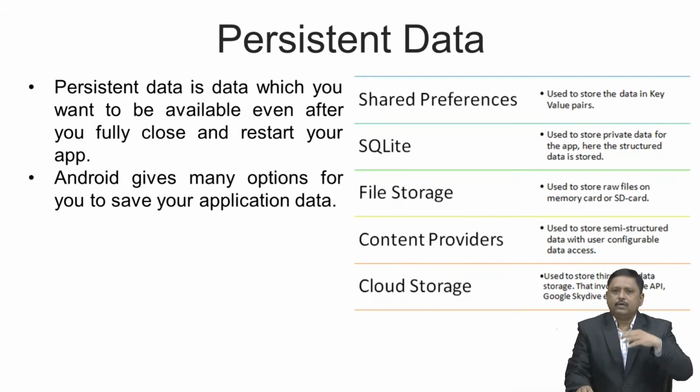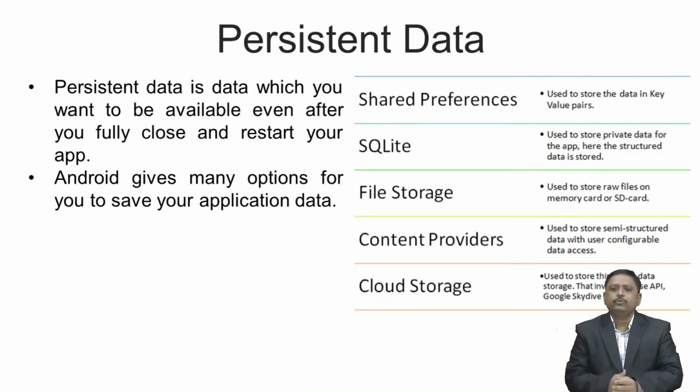Now, what type of text color you want to use for your app, what background you want to use for your app, or let us say what theme you want to use for your app can be saved in form of shared preferences.